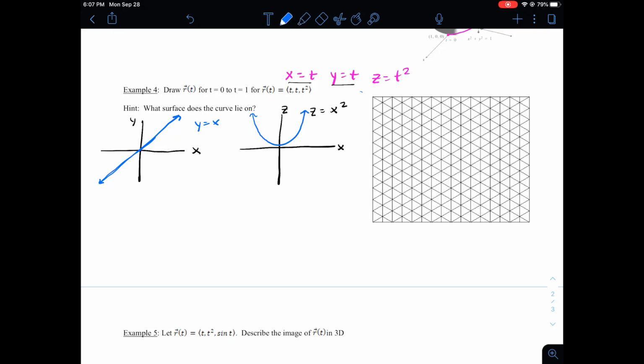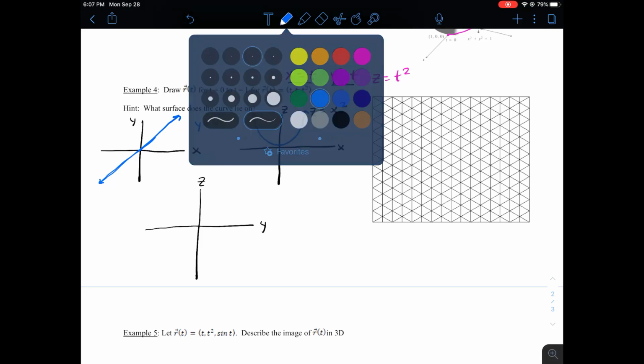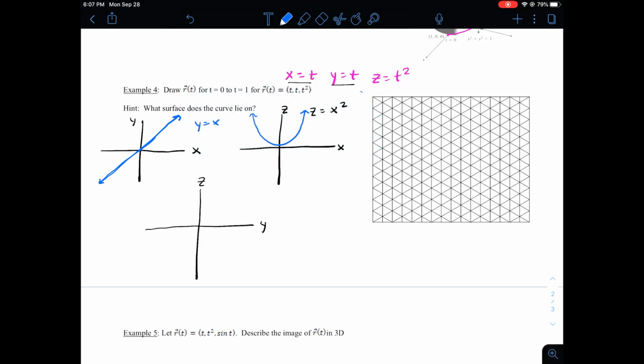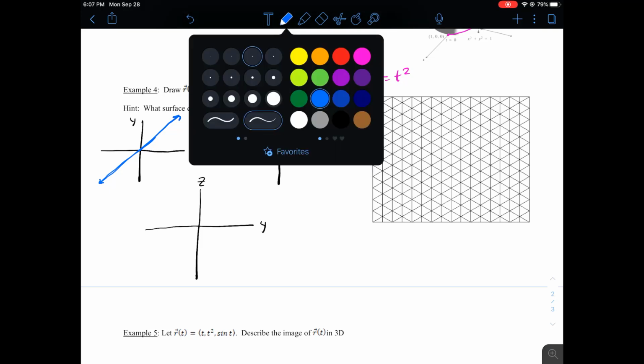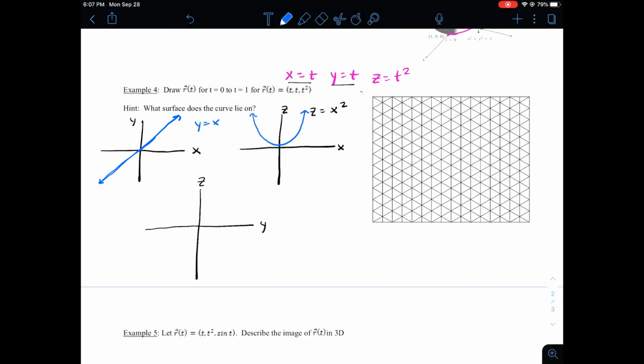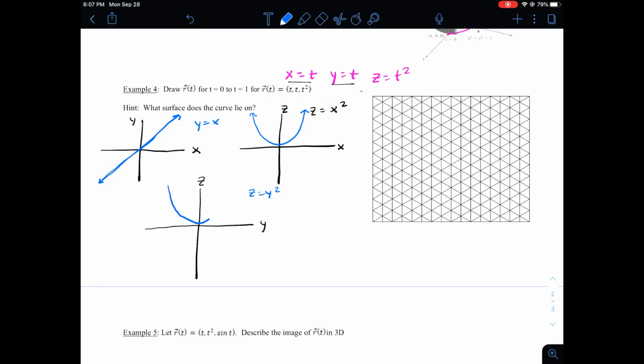Okay, and then the same thing happens if I looked at the yz plane. Z equals y squared, just by showing the comparison between t and t squared.